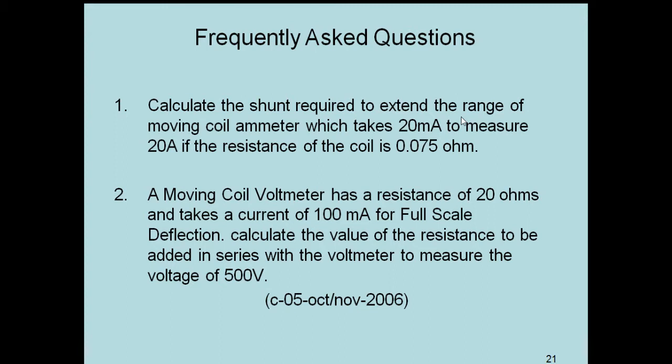So the meter voltage range is 2 volts, that is extended to 500 volts by adding a series resistance.